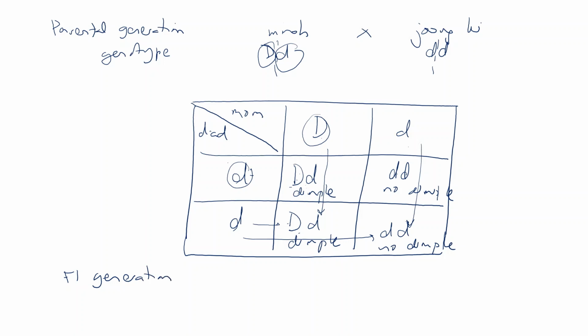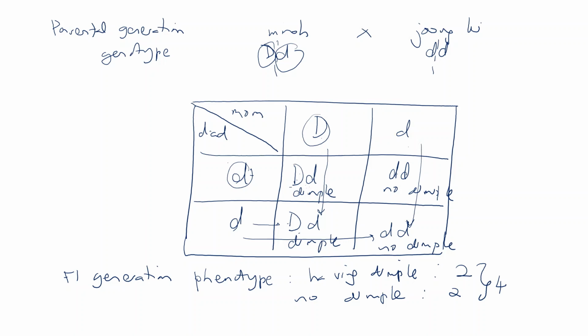For the Punnett Square, you have to write everything outside the box. F1 generation phenotype: 2 having a dimple, 2 no dimple, so in total you have 4.